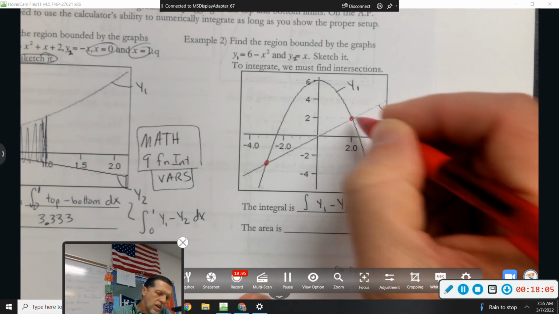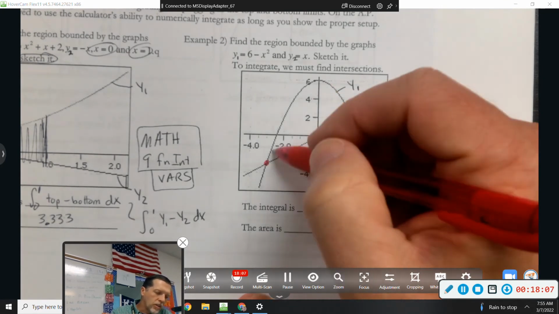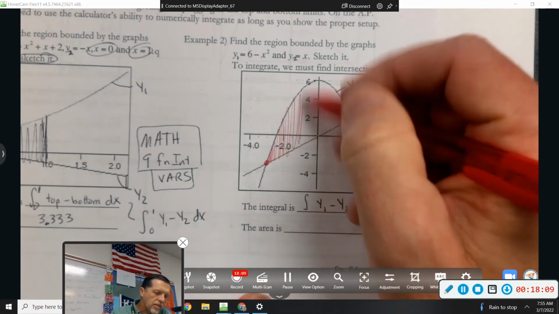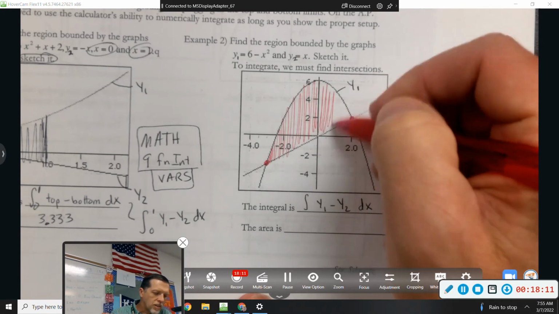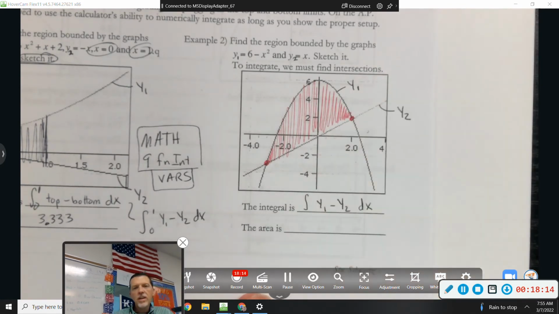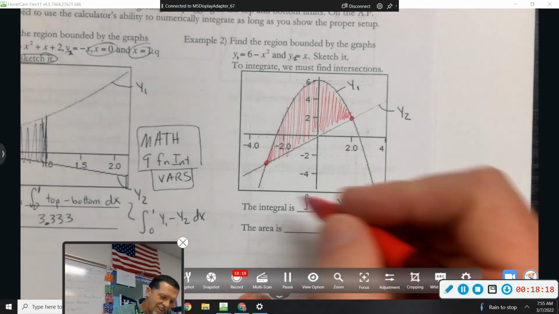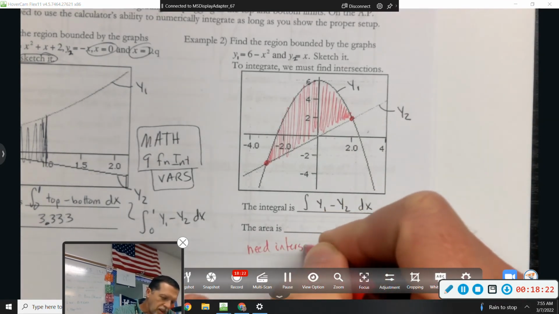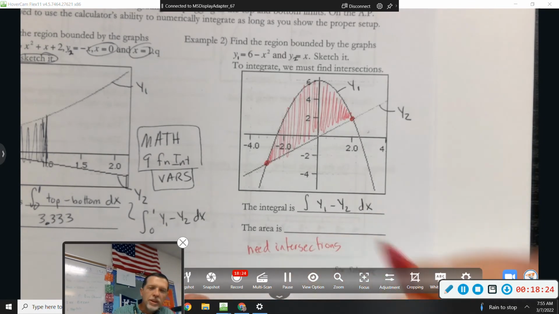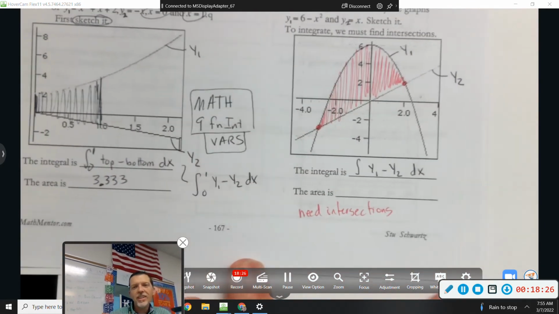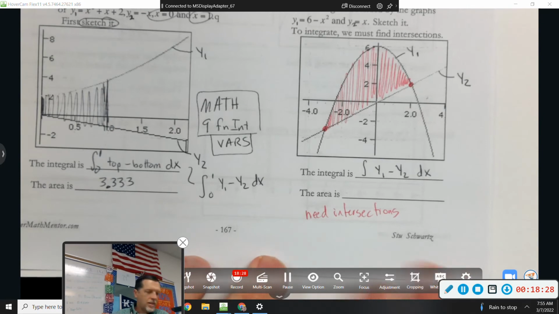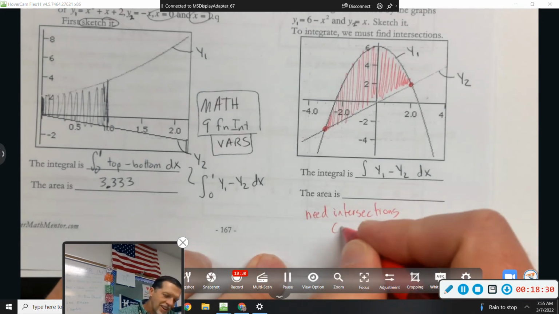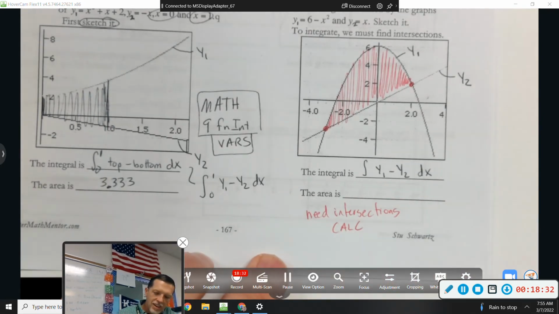Well, it wants bounded by those two curves, so it's not negative 4 to 4. It's wherever those intersections are. Well, what would be a really good tool to tell me where they intersect? The calculator. Calc intersect.